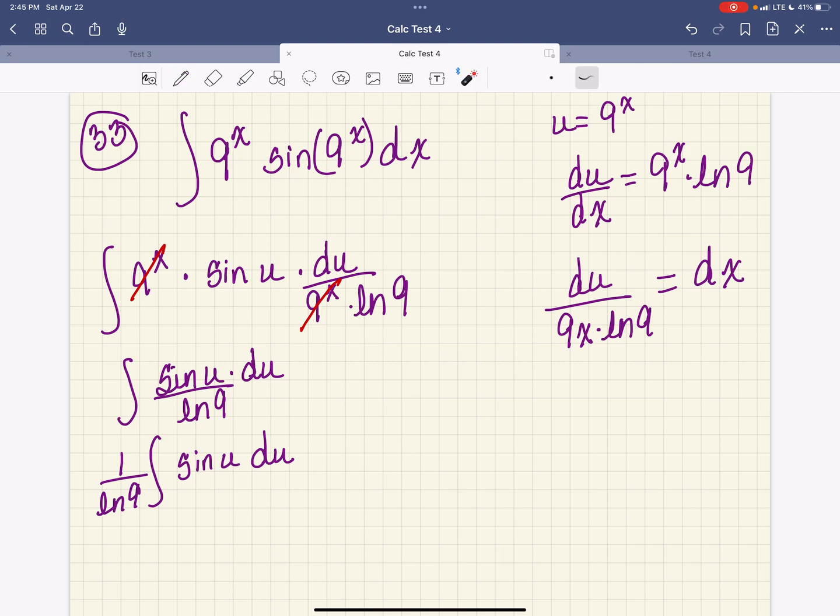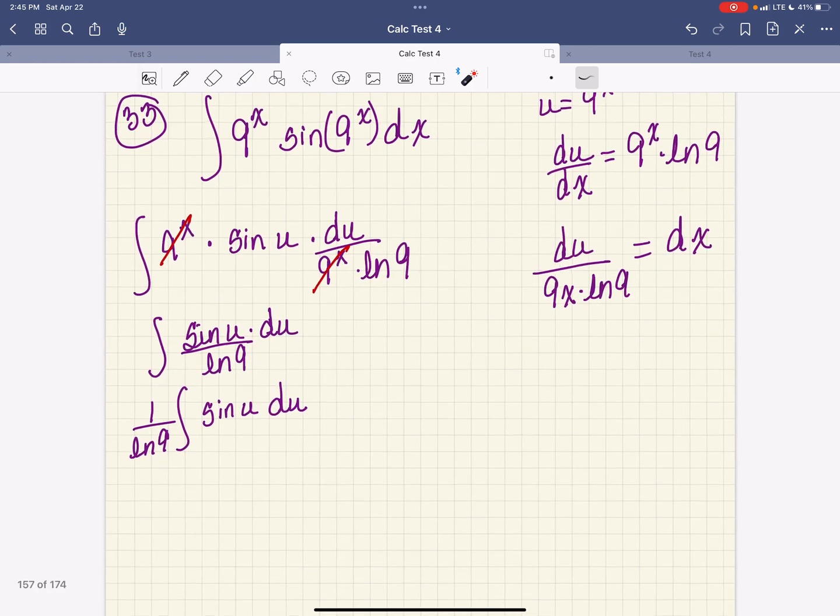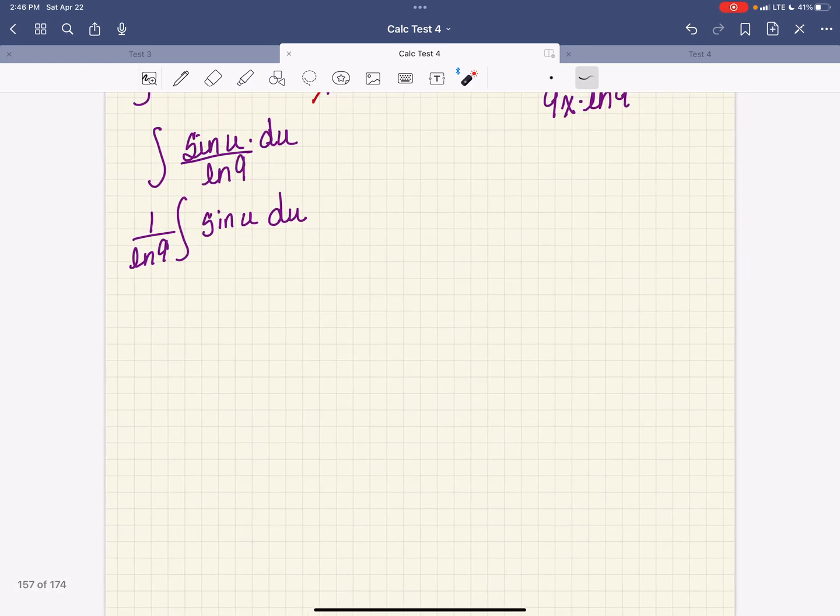Remembering how to find the derivative of 9 to the x power is something we have to remind ourselves, and then realizing that this is a constant and I can just pull it out. So now I'm going to take the antiderivative of sine of u, and the antiderivative of sine is negative cosine.